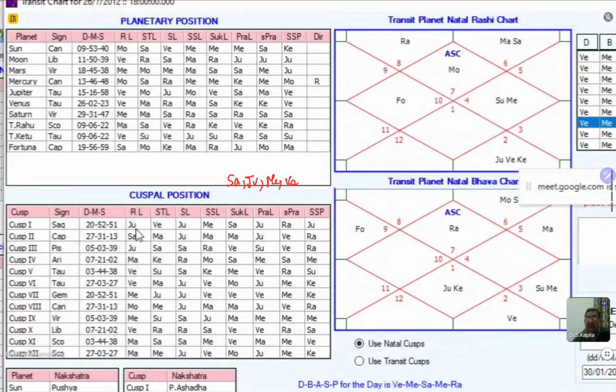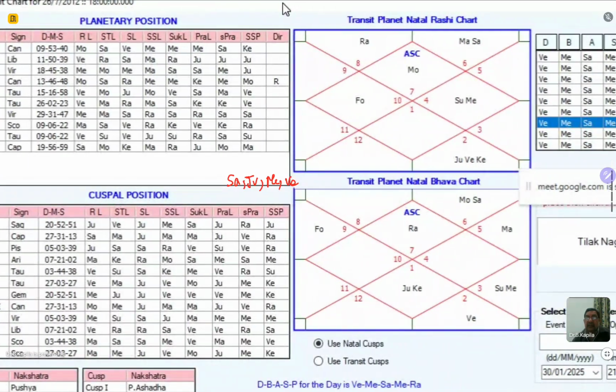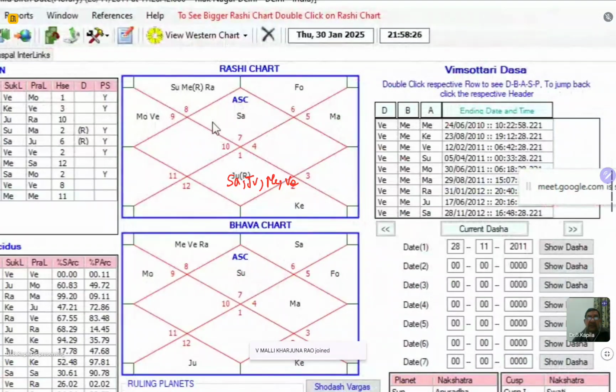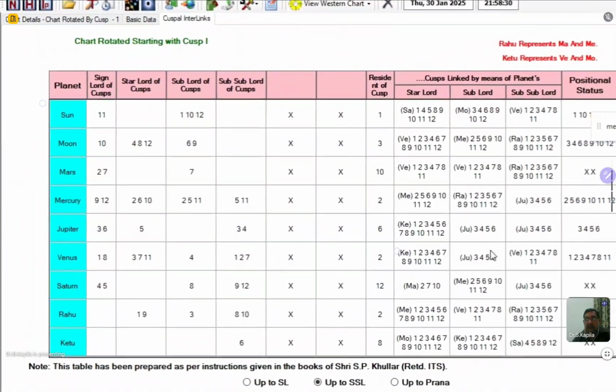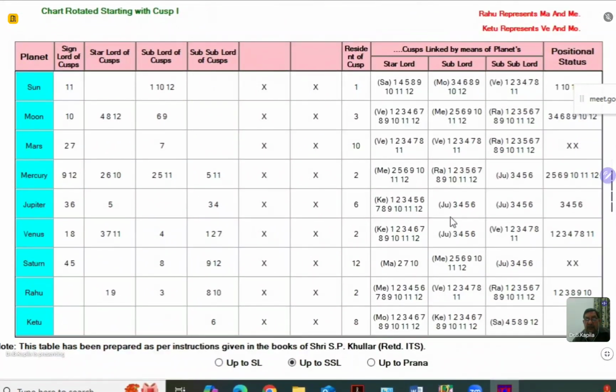One thing is clear that from amongst Jupiter and Saturn, Saturn is stronger than Jupiter. This point we have already discussed earlier. Look here. Saturn 2, 5, 11, 5 and 5. Now Jupiter 2, 5, 11, 5 and 5. And Saturn is 2 with 2, 5, 11 and 5.